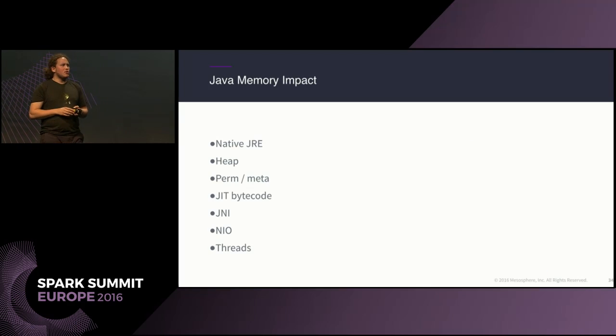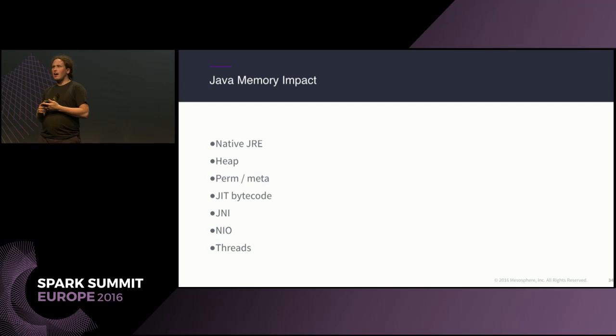And coming back to the initial motivation why so many people came to us and asked: we should understand what the Java memory impact actually is. Because it's not just the heap, which most of us probably specified before. It's much more. There's the JRE memory overhead, there's the perm or now metaspace, and the JIT bytecode also needs memory.